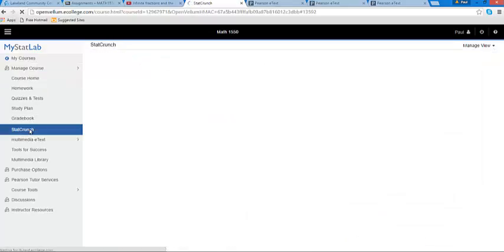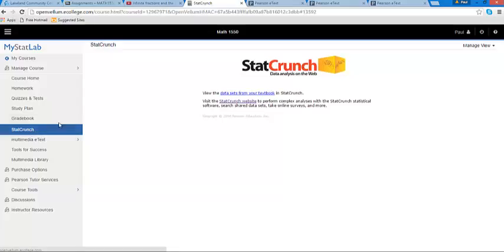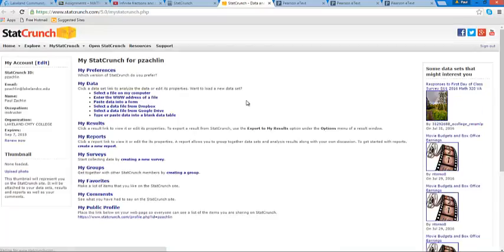StatCrunch is down here. And when I click on this, first it's going to give me the option of whether I want to view data sets from the textbook. I can do that here. But now I'm going to go directly to the website, and I'm just going to click on Open StatCrunch.